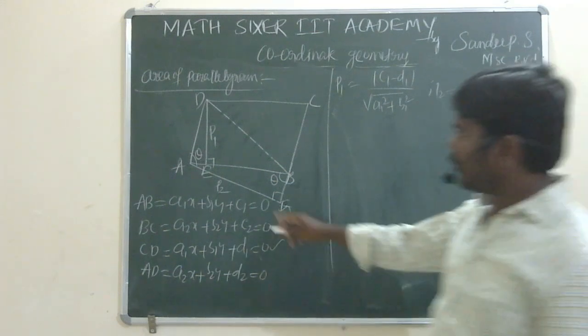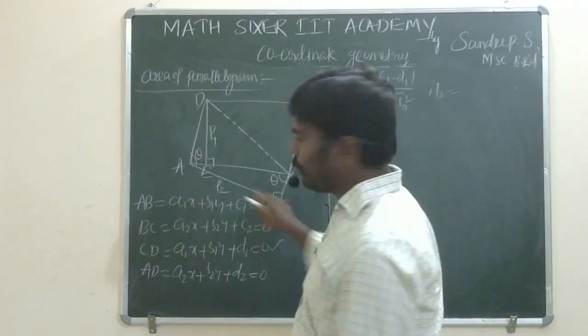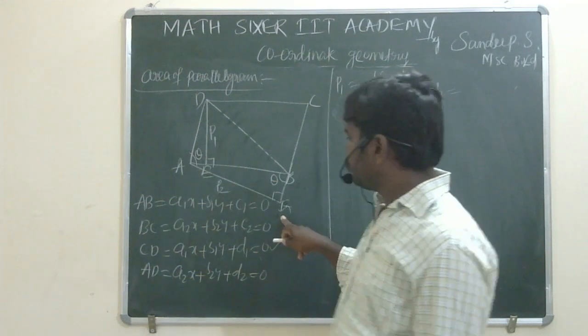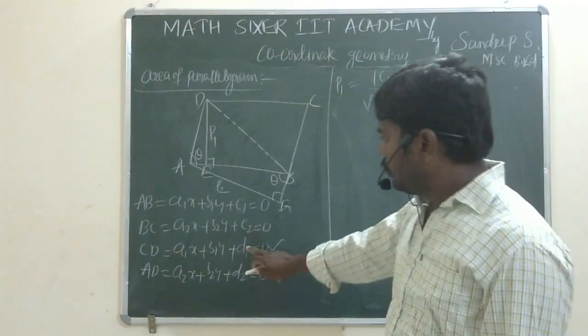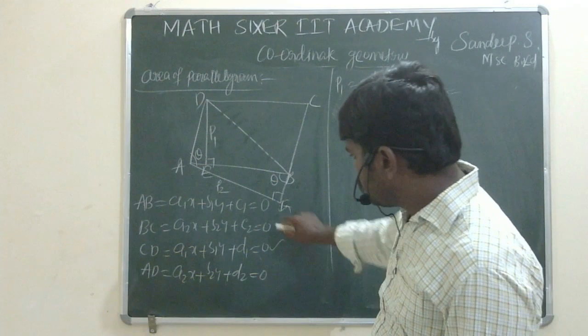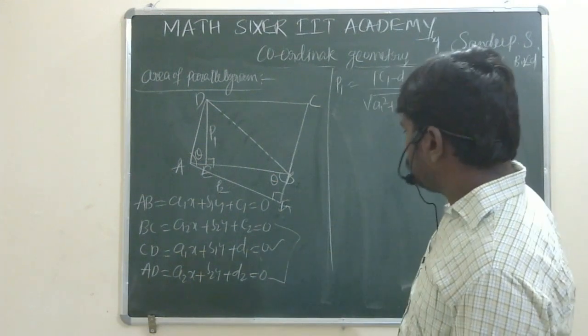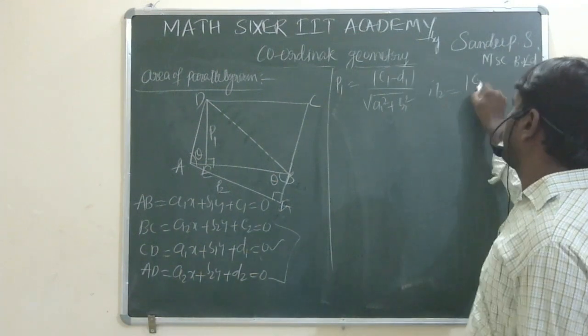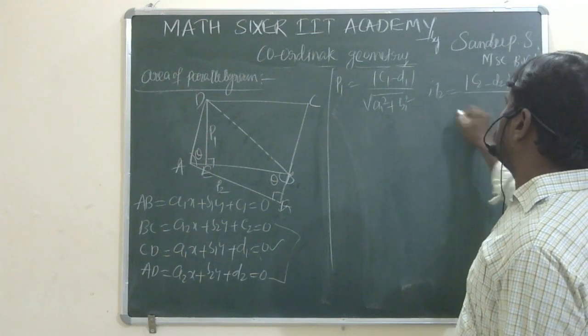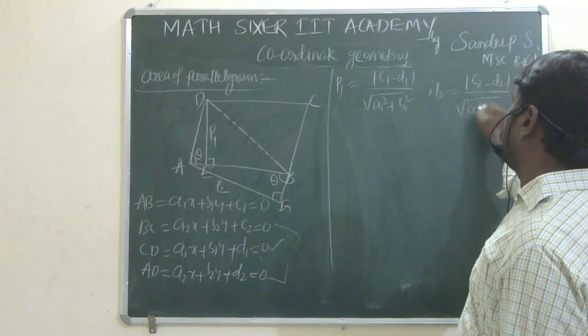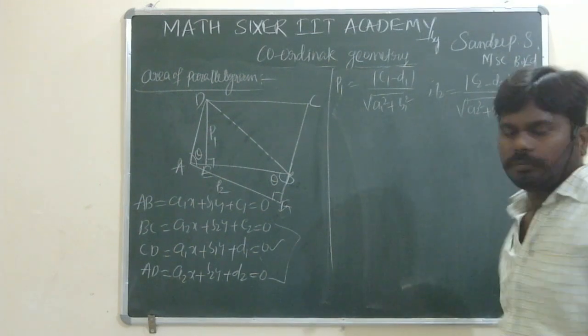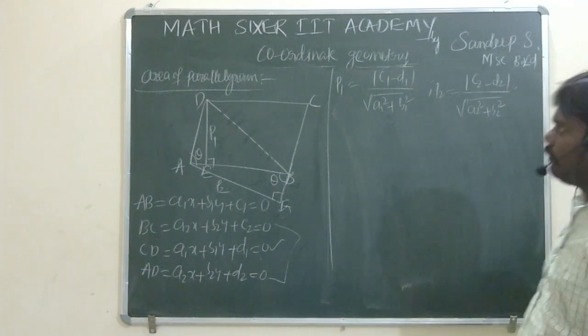P2 is again the distance between the two parallel lines, which are these two. So it is modulus of C2 minus D2 divided by square root of A2 square plus B2 square. So this is P1 and also P2.